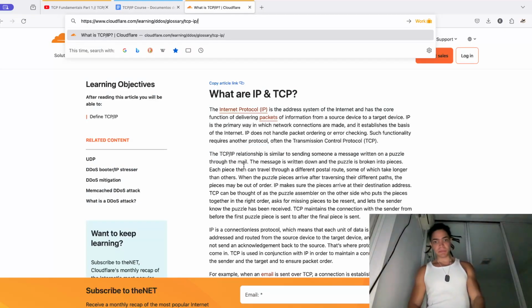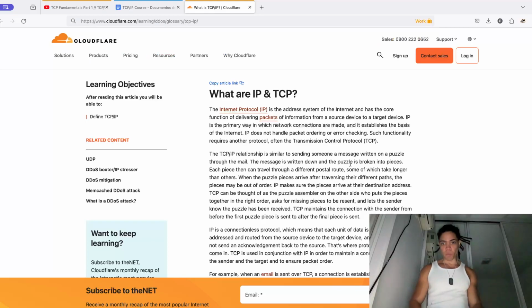So the TCP/IP relationship is similar to sending someone a message written on a puzzle through the mail, right? The message is written down and the puzzle is broken into pieces. Each piece can travel through different postal routes, some of which take longer than others.